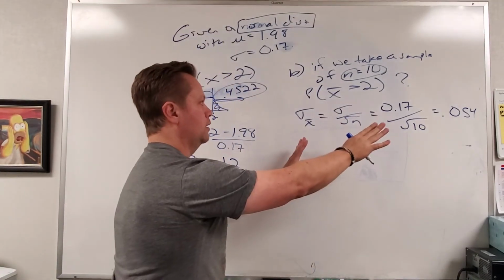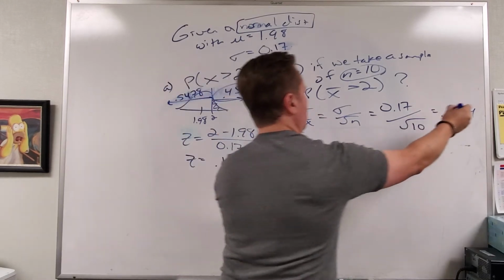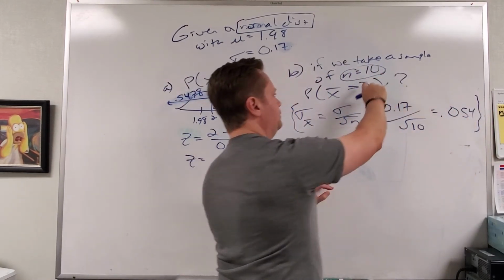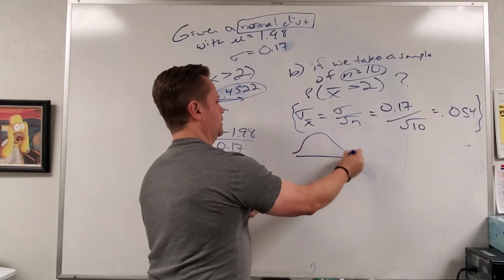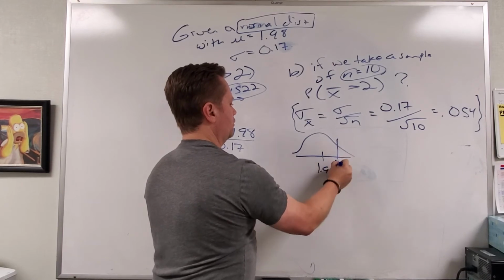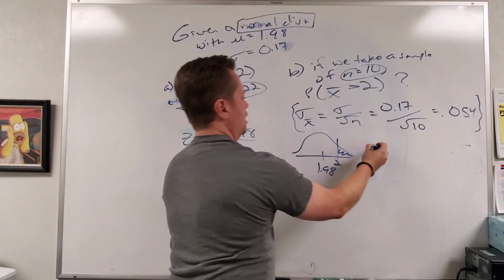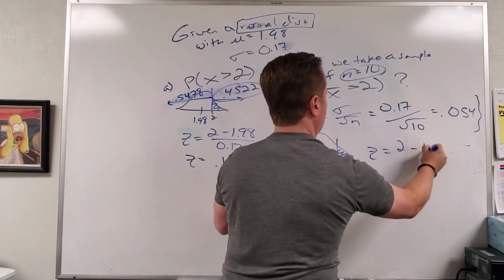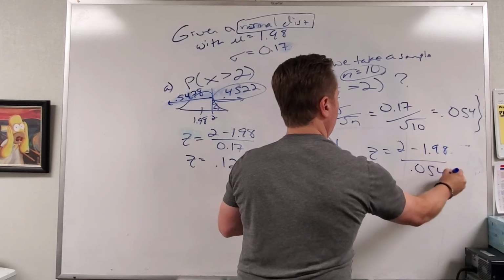So now I just attack this fresh. This is the one new step I never had to do before because we never took samples before, but now we do. I change that. Now I've got my same picture. The mean is 1.98. I'm curious about greater than 2. Same stuff. Now when I go to make a z-score though, I use the appropriate standard deviation, which is 0.054.